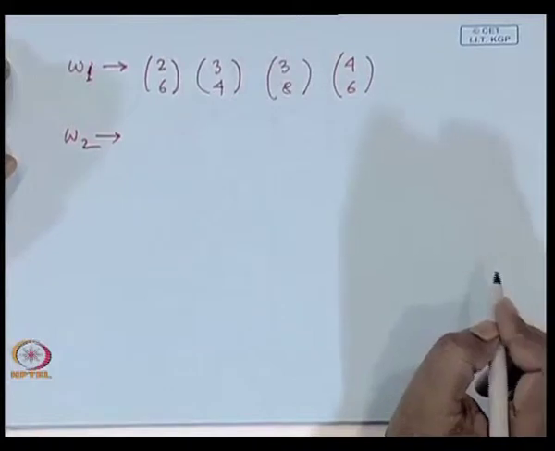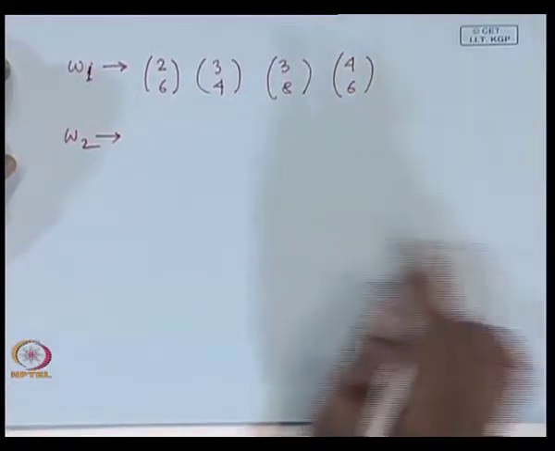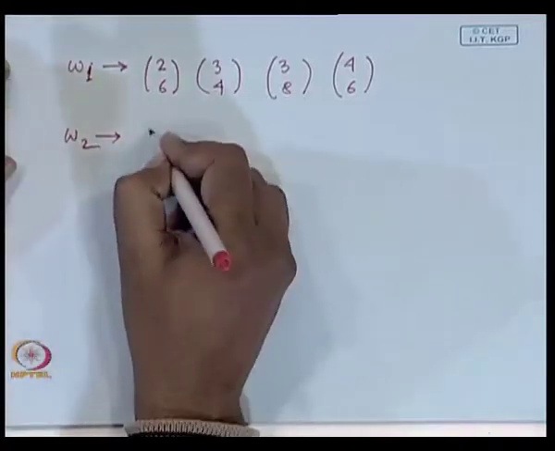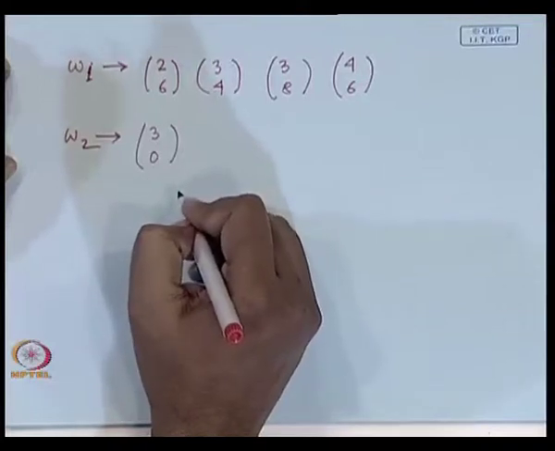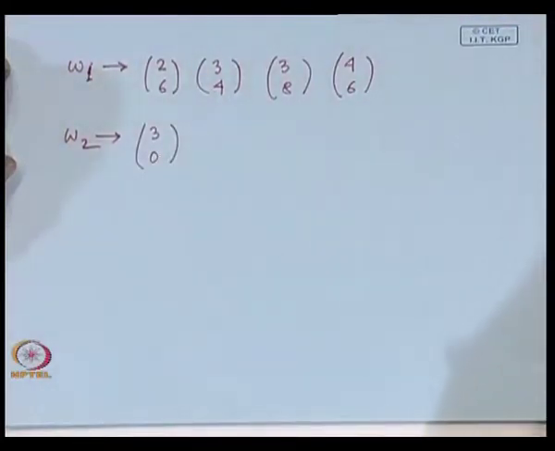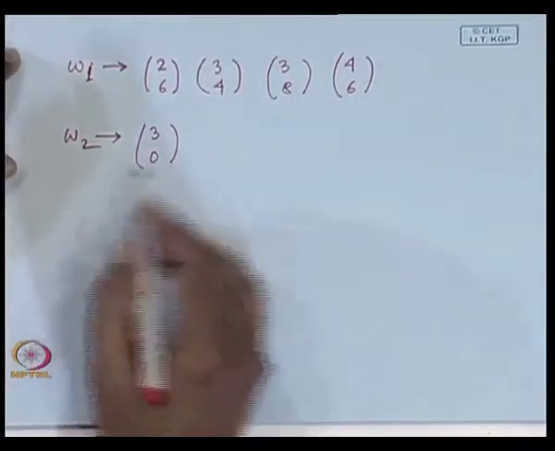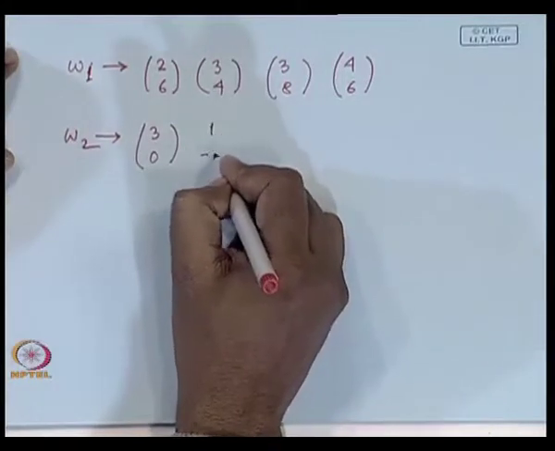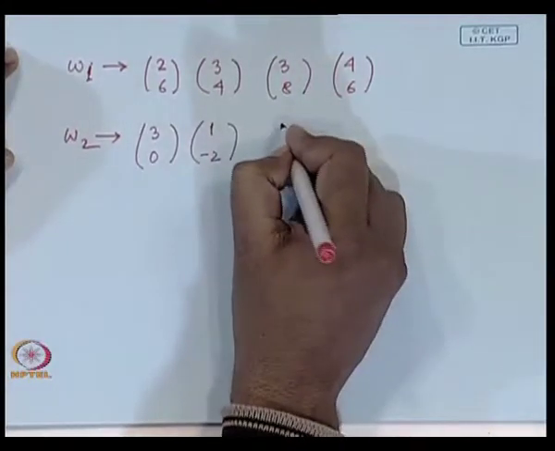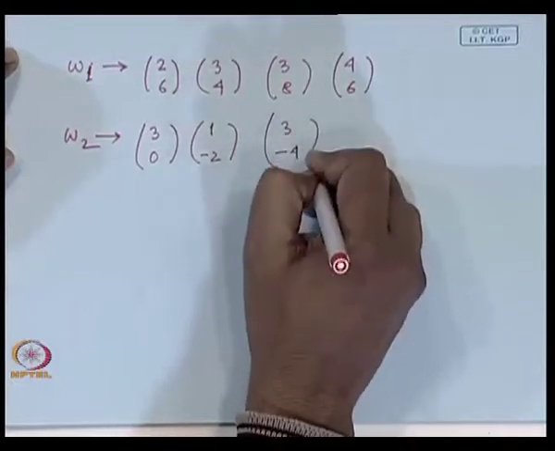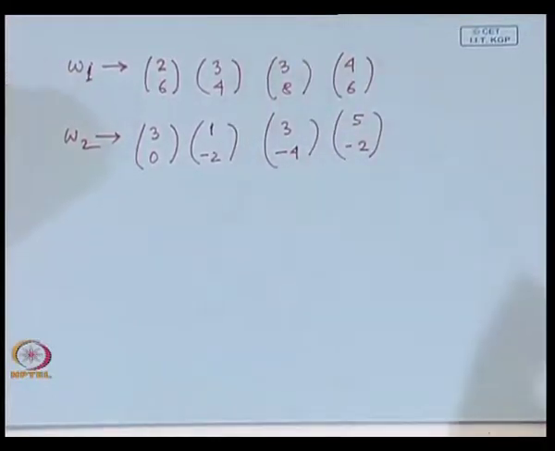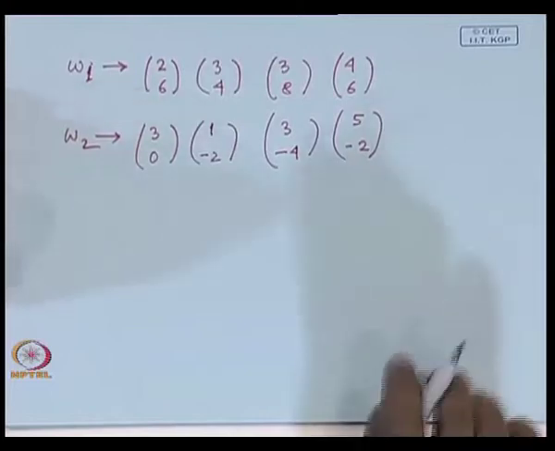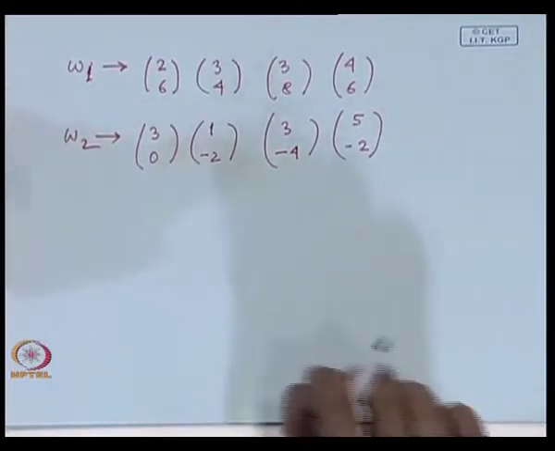These are the training samples given for class omega 1. And the training samples for class omega 2 are given as (3, 0), (1, minus 2), (3, minus 4) and (5, minus 2). Naturally we are considering a two dimensional space, and as I said, the examples I will typically take in two dimensions because I can draw them on plain paper.